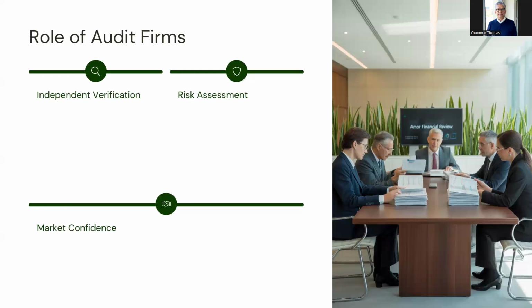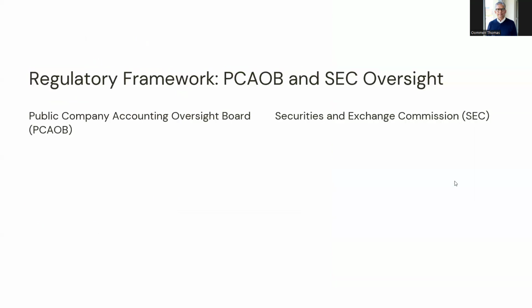By performing their verification and risk assessment functions well, and by validating the financial information presented in the financial statements, auditors limit the difference between the information set of the company and the information set available to investors, making capital allocation more efficient and enhancing market trust. So that's the role of audit firms.